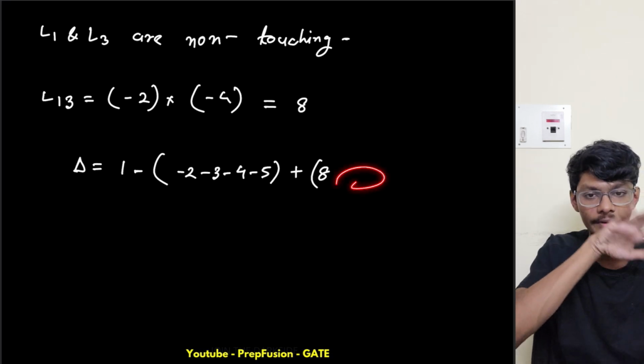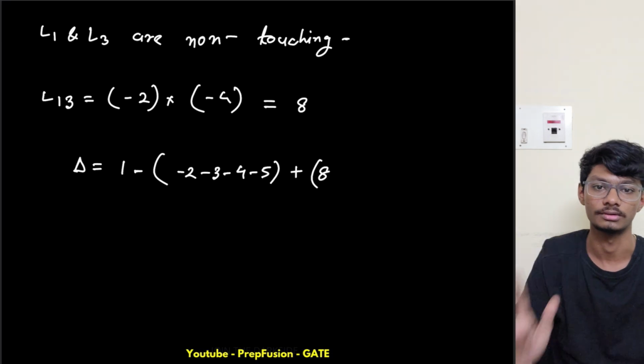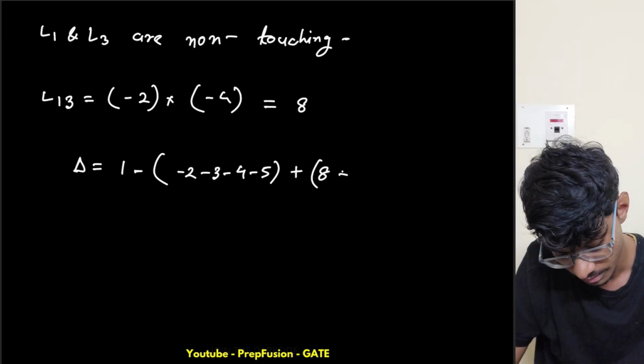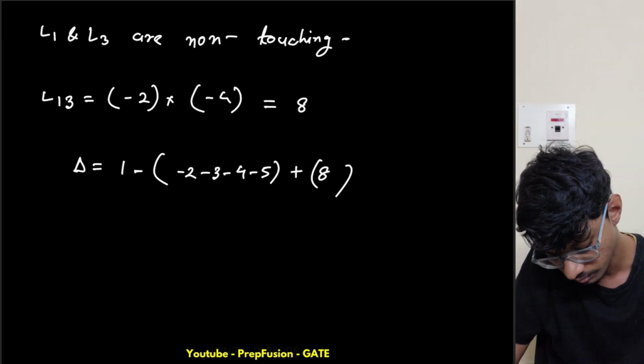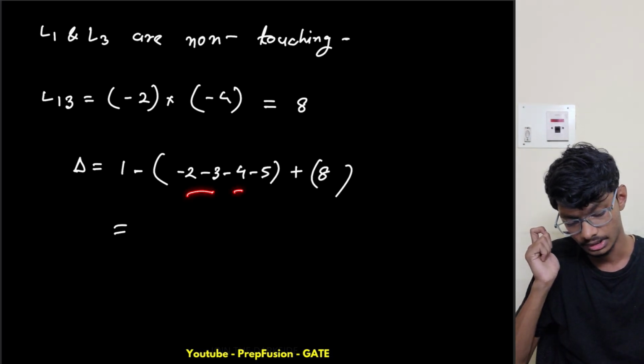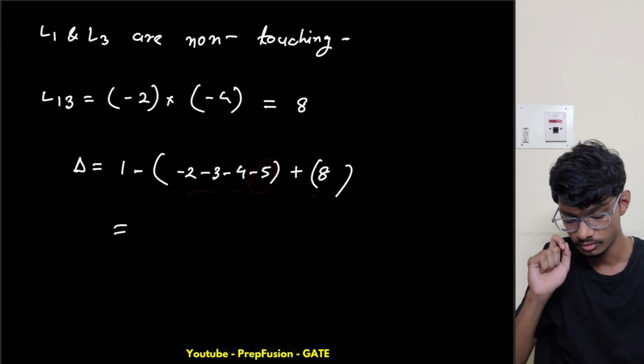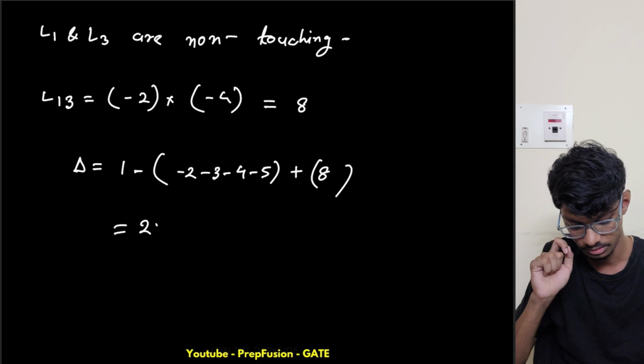But generally up until 2 is the maximum we get. After this all of them are 0, so plus 0 only. What is the summation? This is 5, 9 and 14. 14 plus 8 is 22. 22 plus 1 is 23.